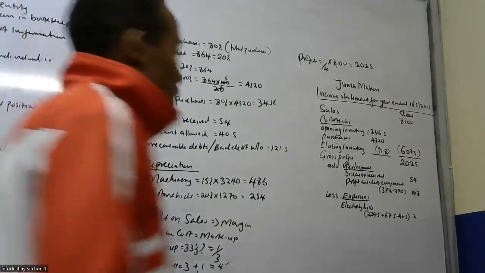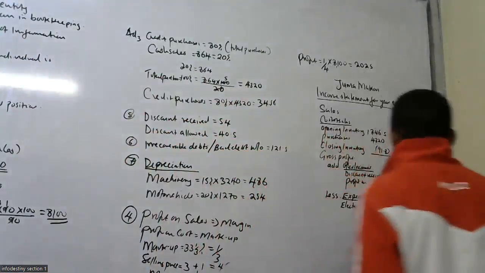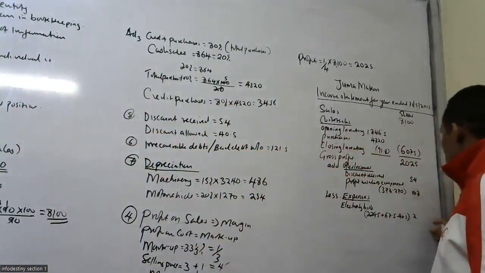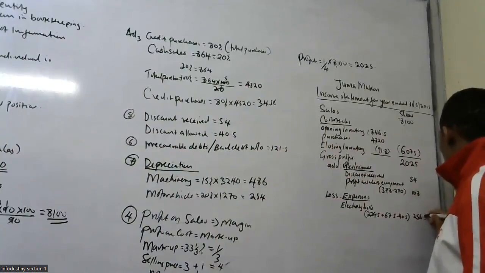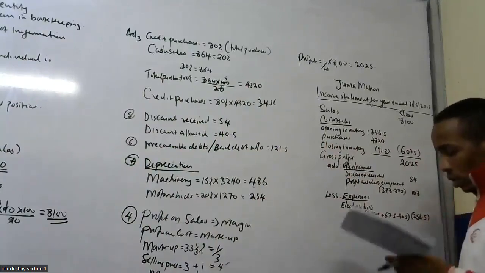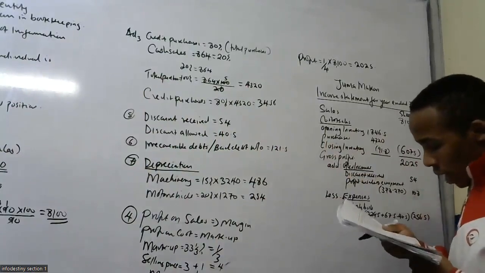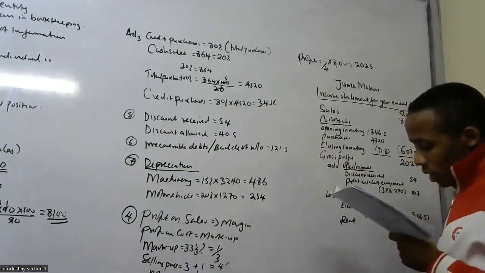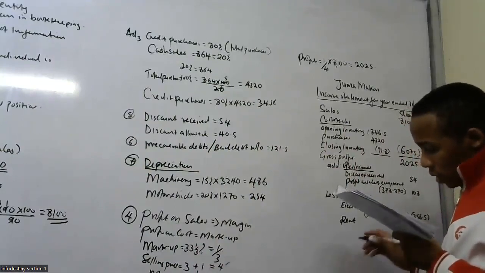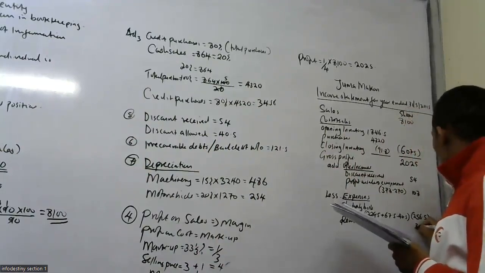That will give you 256.5. That's an expense. Then we have rent. Rent is given an amount of 324.